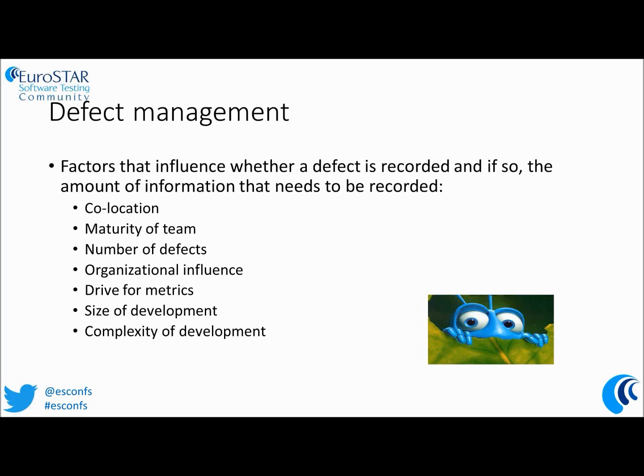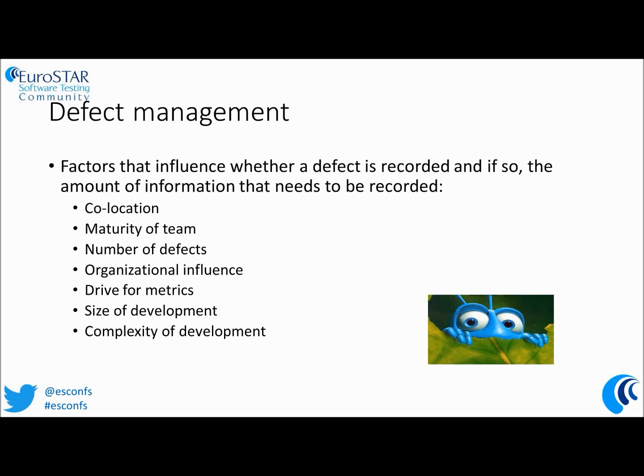The number of defects: if we have very many defects, then we need to log them, because there is some common point that's creating all these defects and we need to find out how. If there are few defects, well, we can maybe log less, but at least we need to find out how much do we log and why do we log them. And aren't all the defects that we're logging actually the same defect?